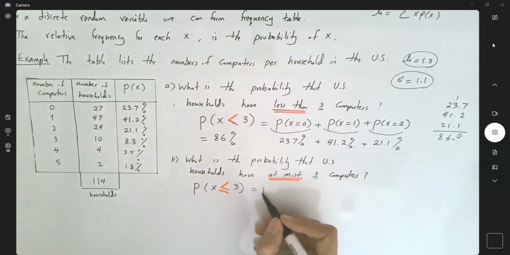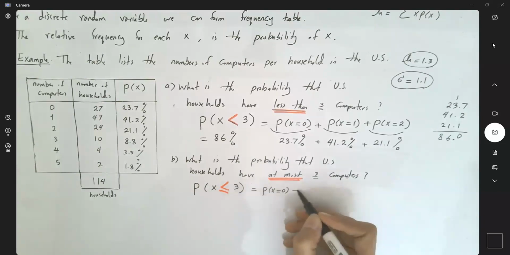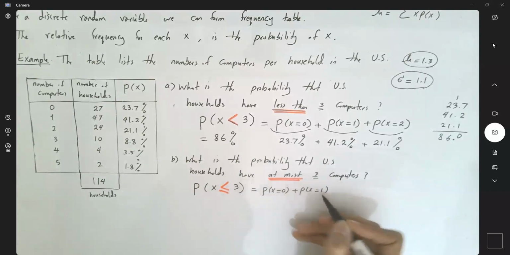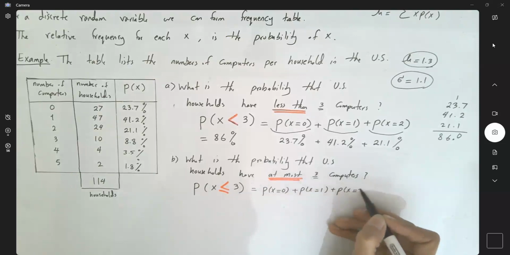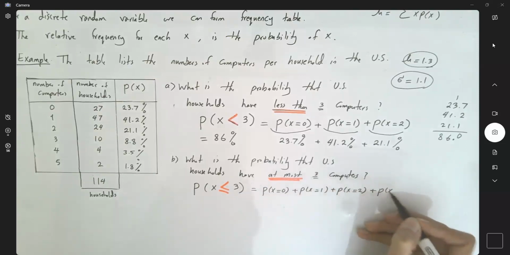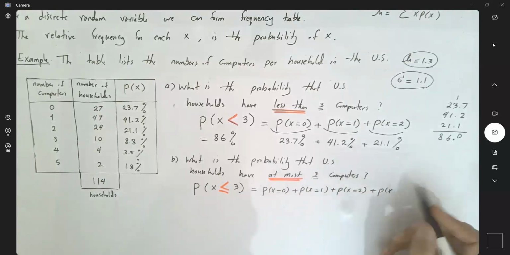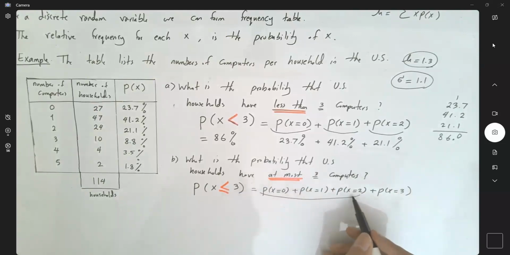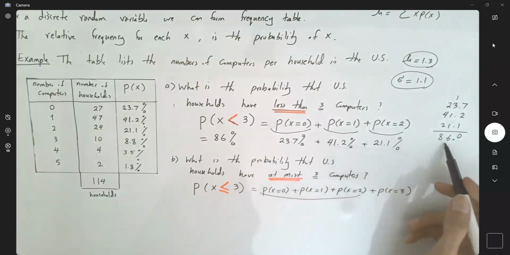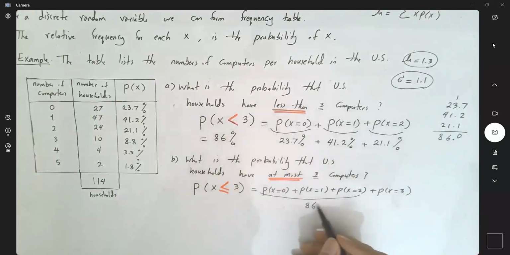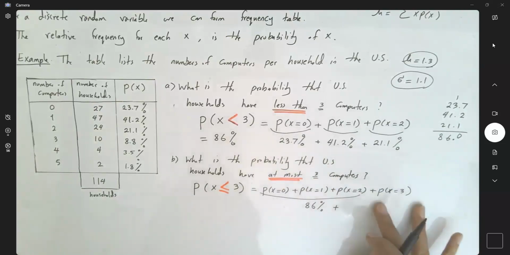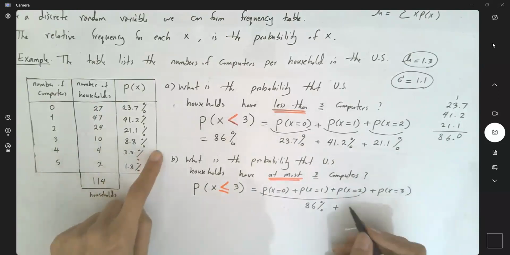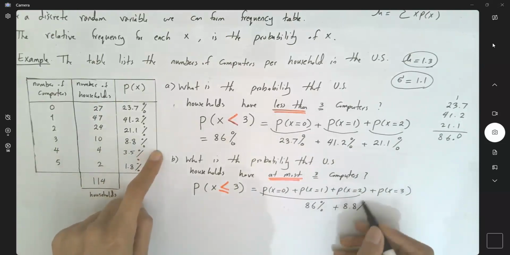So the probability that x is 0 plus the probability that x is 1 plus the probability that x is 2 plus the probability that x is 3. We already calculated these. These are equal to 86%. So you have 86% plus the probability x is 3, 8.8%.